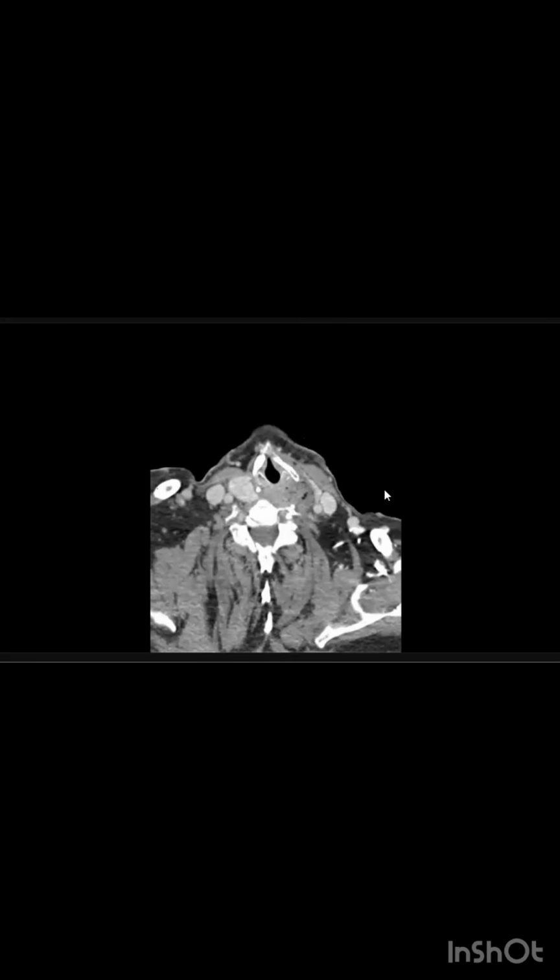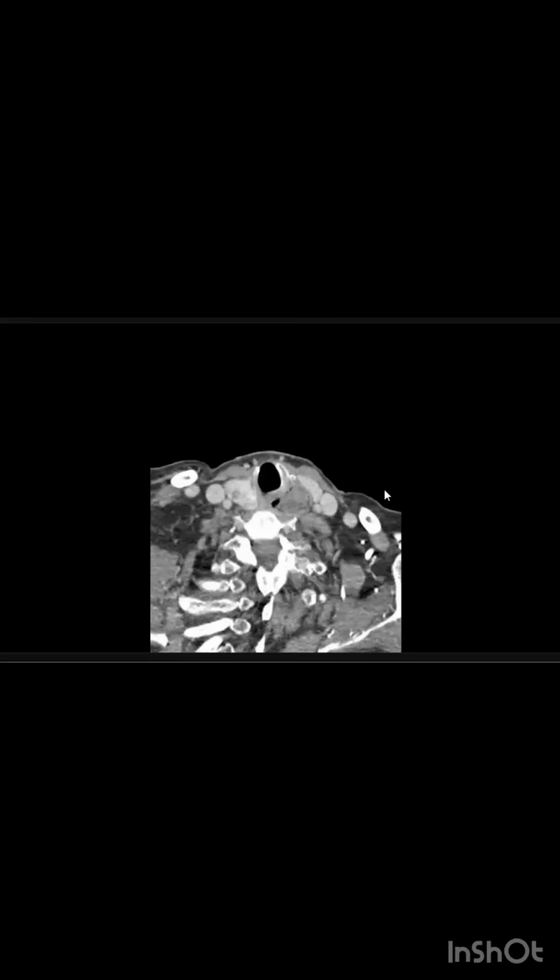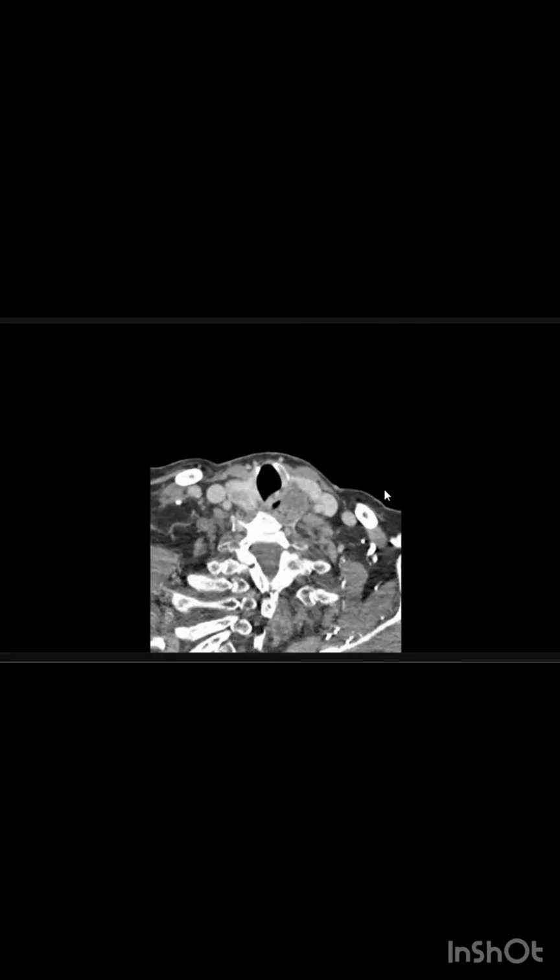I don't see any calcification on these post-contrast images, but I would also like to correlate with the unenhanced images if available. In my routine practice, I would also look at the bone window and lung window. This is a post-contrast study. Yes, I would also like to see the unenhanced images.